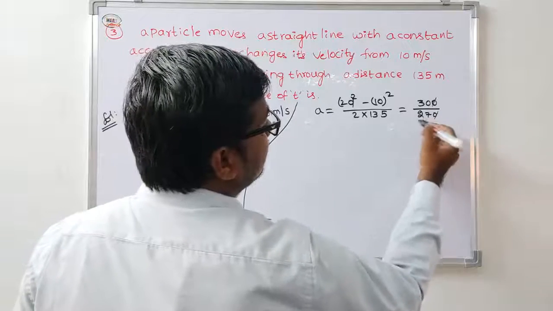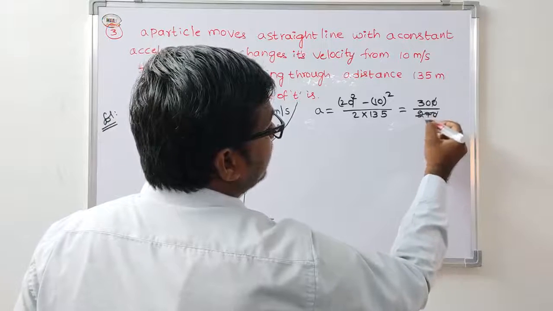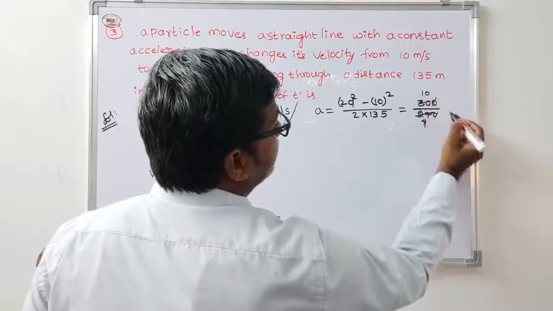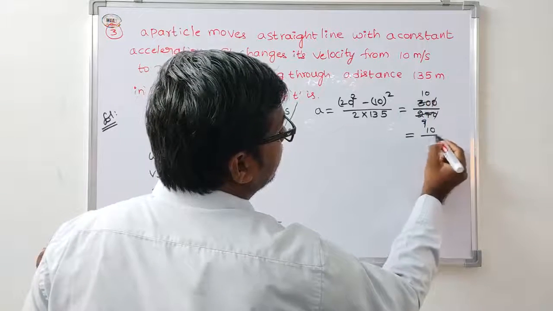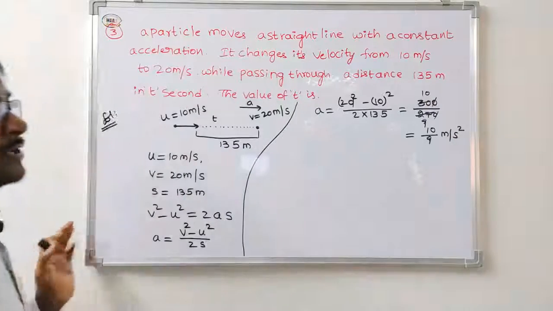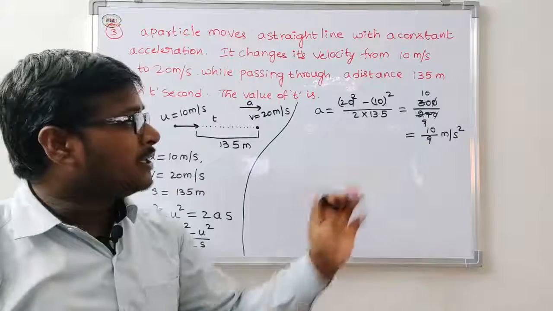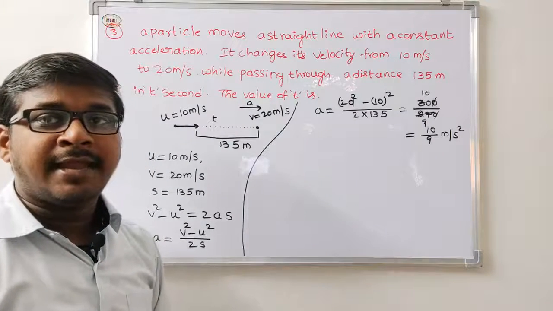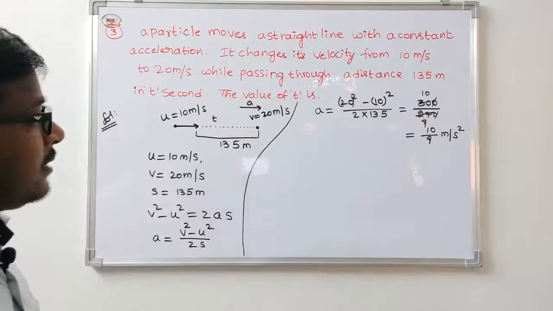Zero cancel, remaining 3 table, 3 9s, 3 10s, that is equal to 10 by 9 meter per second square. First, the acceleration is found out. That constant acceleration is 10 by 9 meter per second square.